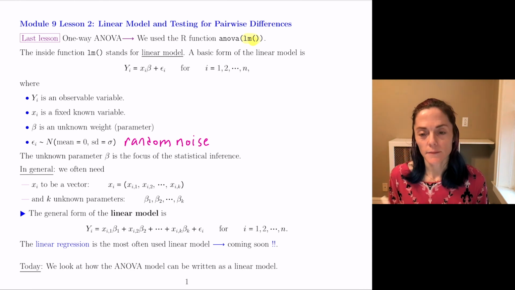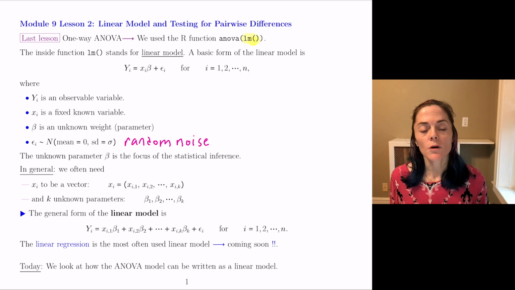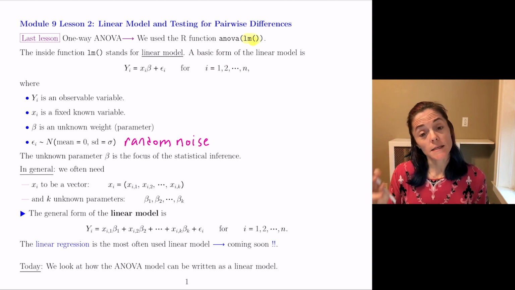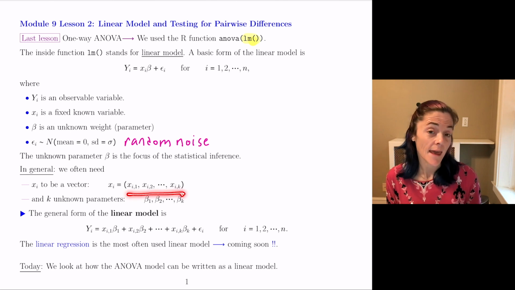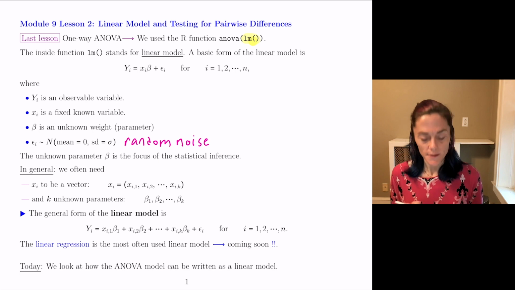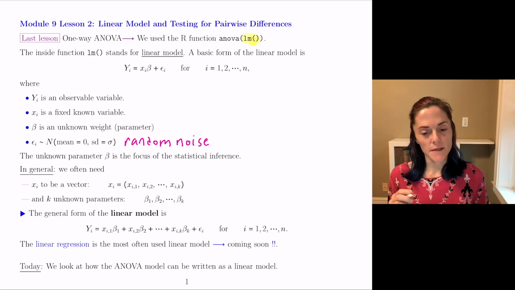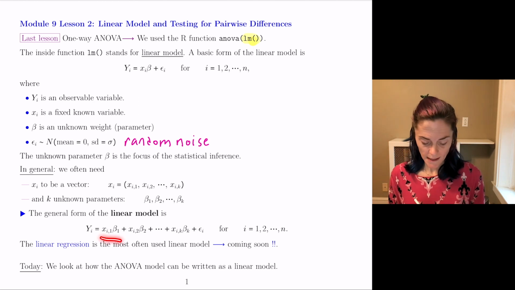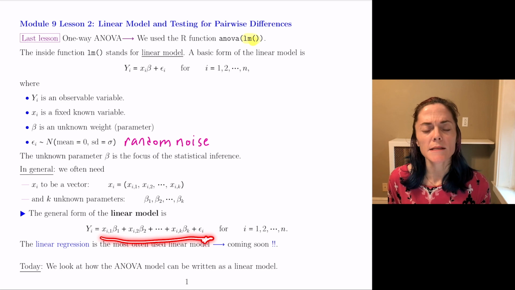Okay. I mentioned this is the most basic form. So in general, we often need the x sub i to be a vector. And I have a vector of length k here. And then we have k unknown parameters, beta 1 through beta k. The general form of this linear model looks like this. There are a lot of indices, but how does this relate to the basic form?